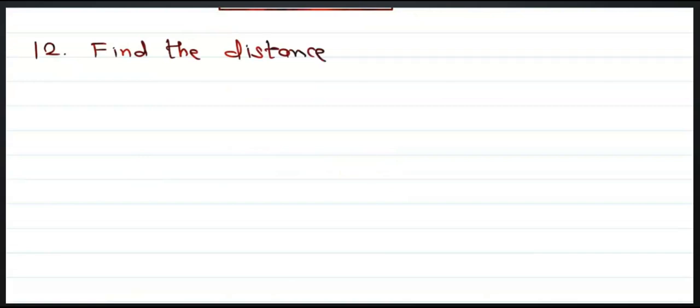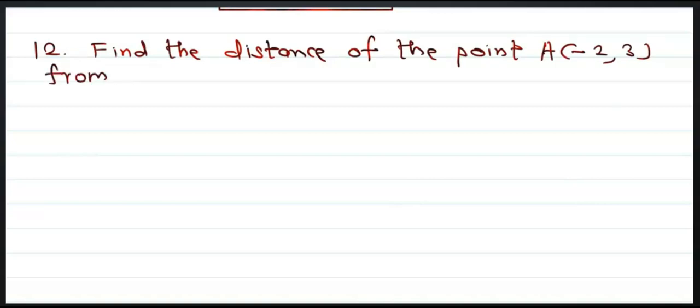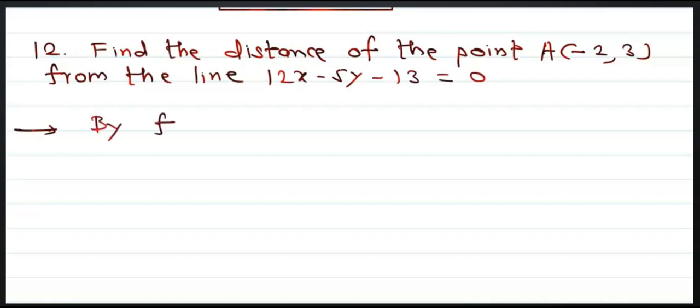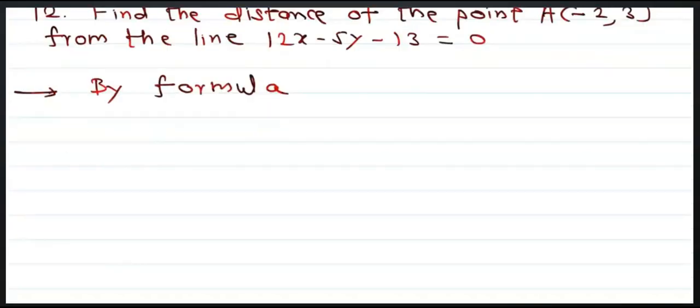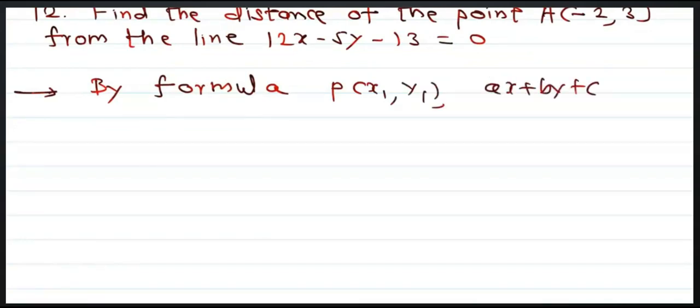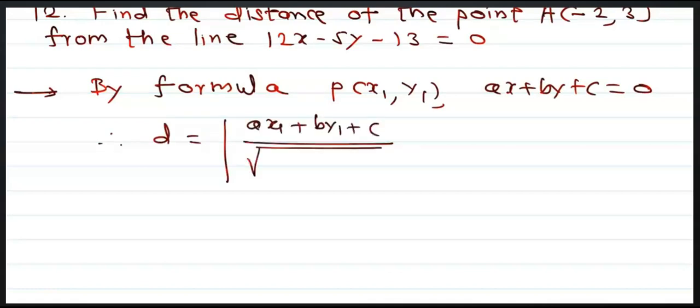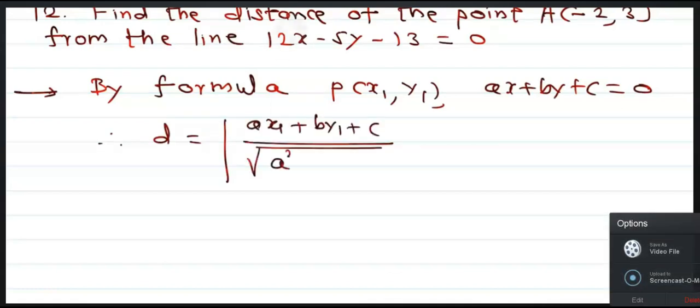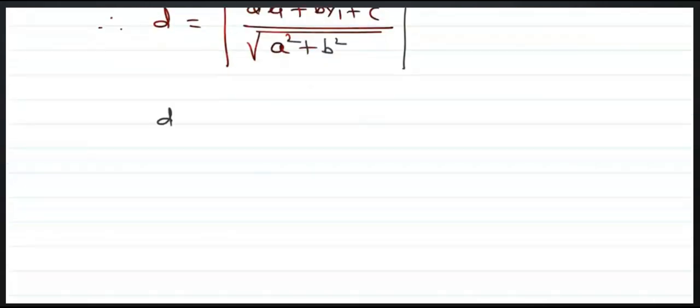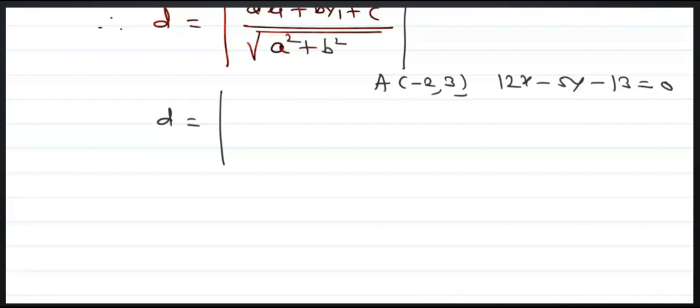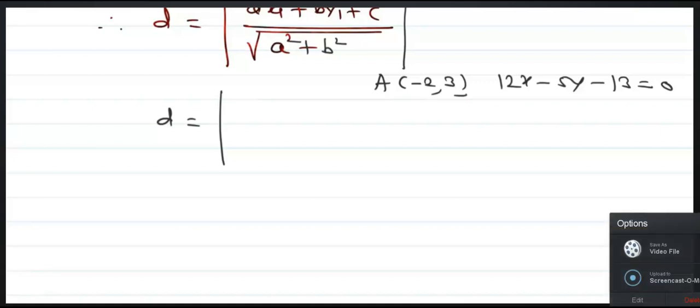Find the distance of the point minus 2, 3 from the line 12x minus 5y minus 13 is equal to 0. By the formula for P(x1, y1) and line ax plus by plus c is equal to 0, d is equal to the modulus of ax1 plus by1 plus c upon the square root of a square plus b square. The point is minus 2, 3, and the line is 12x minus 5y minus 13 is equal to 0.